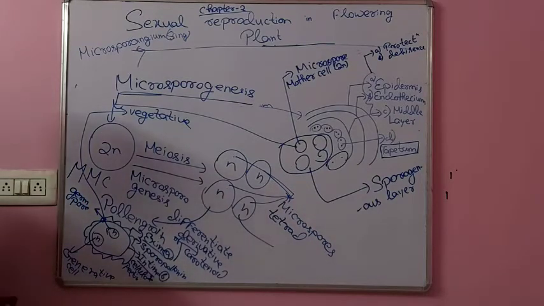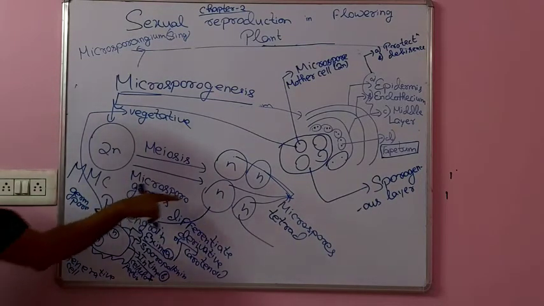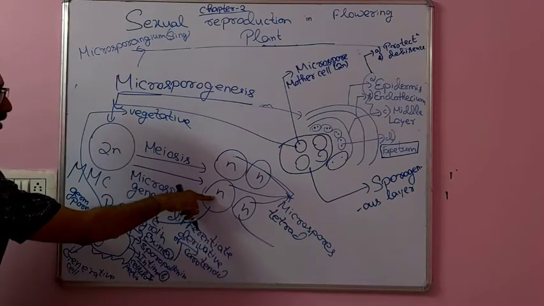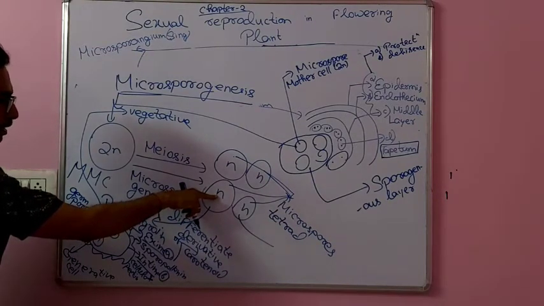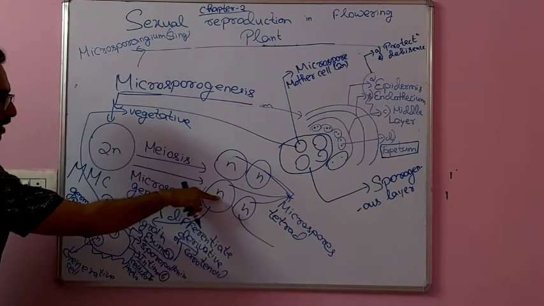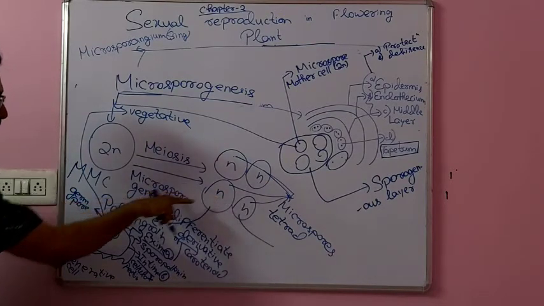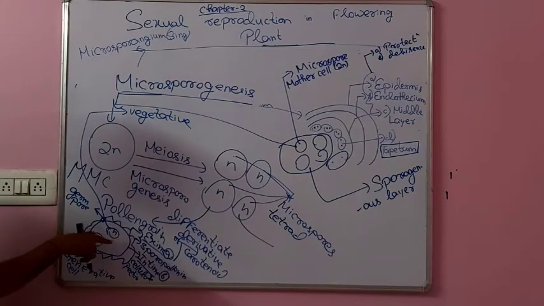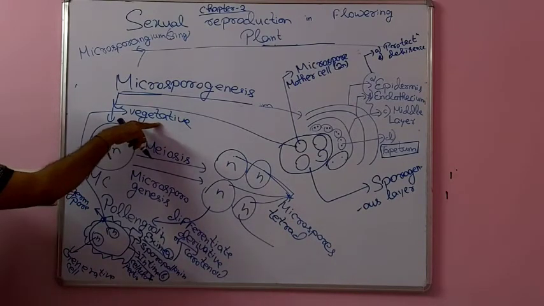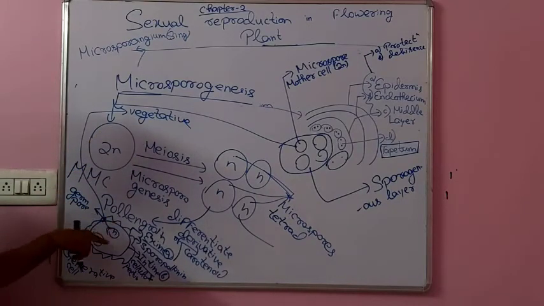See, the microspore that is produced here comprises a single cell having a single nucleus, then its nucleus undergoes mitotic nuclear division, resulting in two nuclei. This large nucleus that I am pointing out is the nucleus of the vegetative cell. In fact, the vegetative cell is a very large cell. In its cytoplasm, the generative cell floats. This is the nucleus of the generative cell.